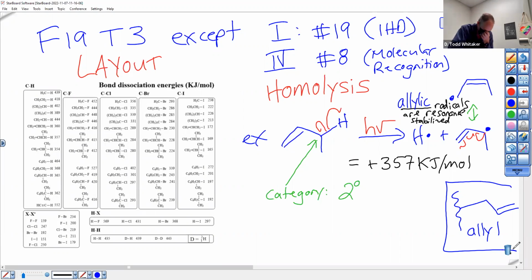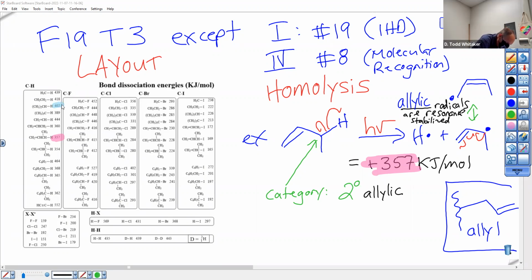Okay? That's why we need to add the word secondary and allylic and get 357 instead of just secondary. I'm going to go for another color. Secondary is this one, believe it or not.